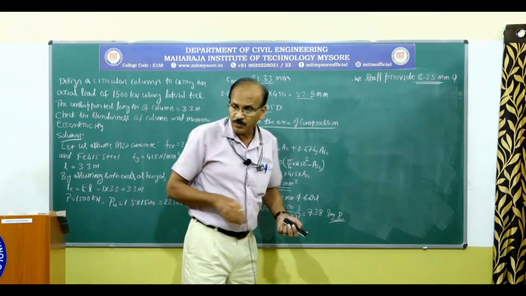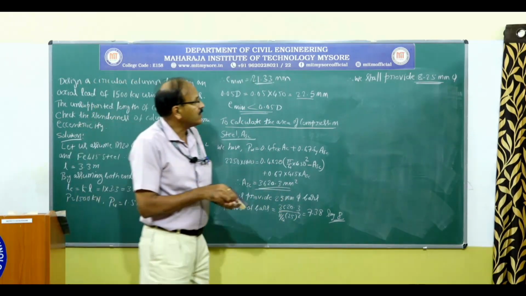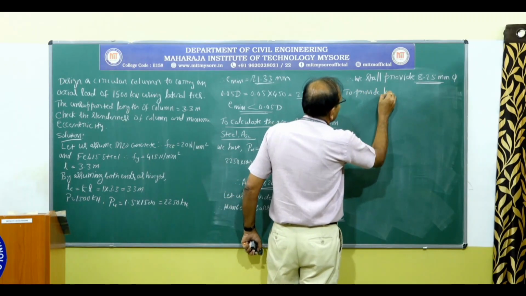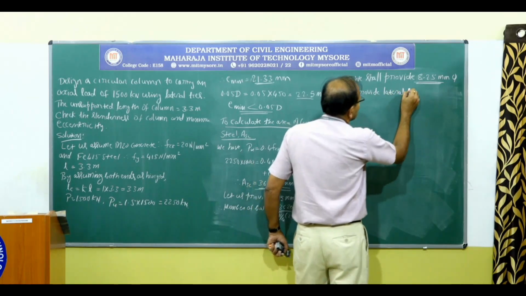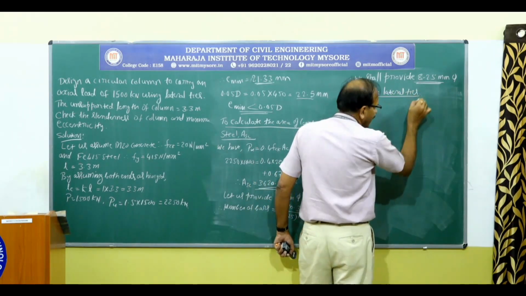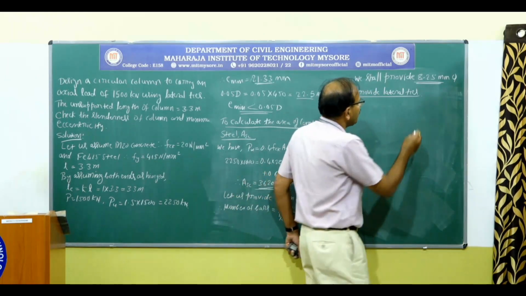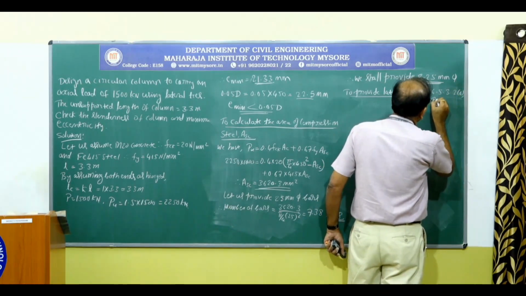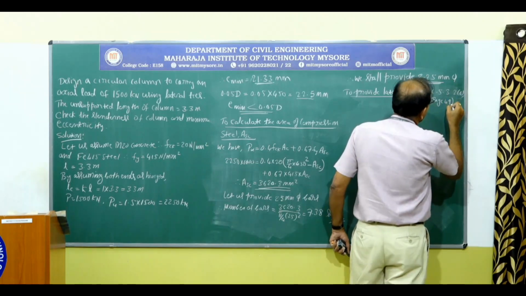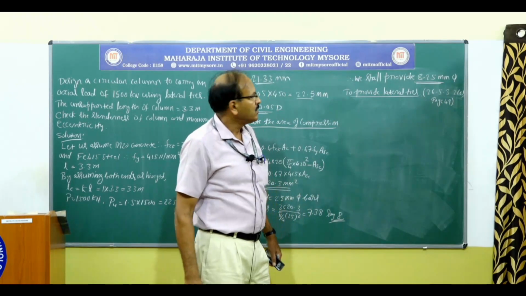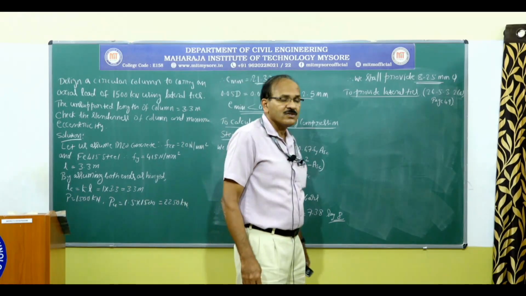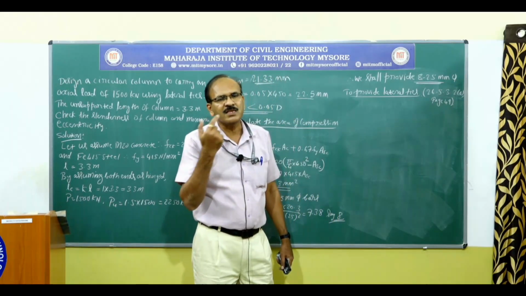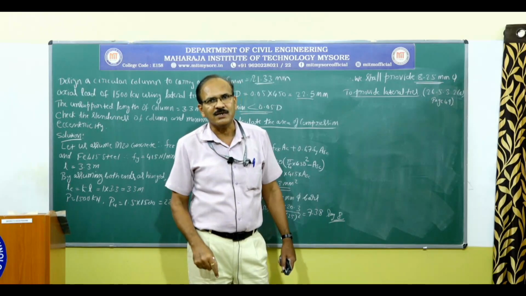The next step is to provide lateral ties. This is as per again 26.5.3.2C on page 49 of the code book. So when we say we have to provide lateral ties, we have to decide what diameter of the lateral ties we are providing and at what pitch, that is at what spacing we are providing lateral ties.